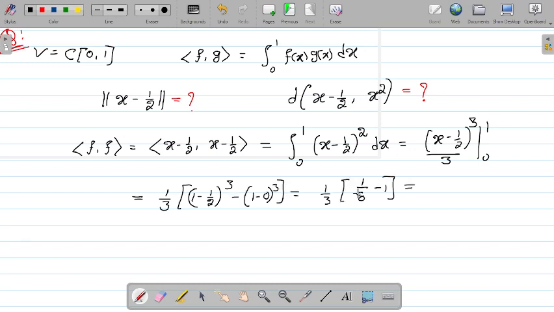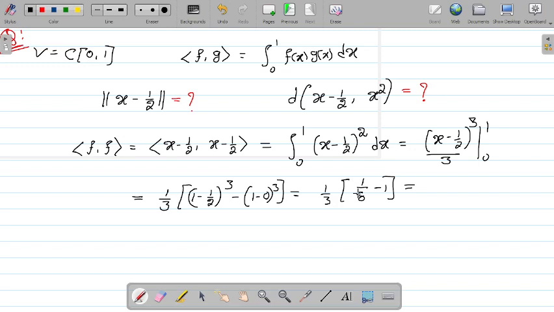Oh, I wrote the reverse. It is 0 minus half. Something is wrong.